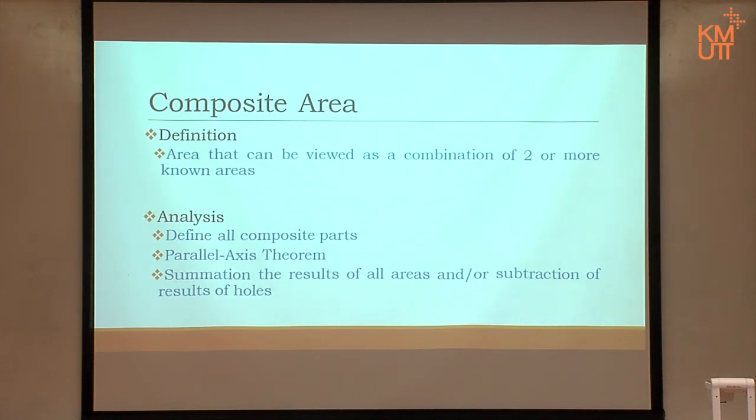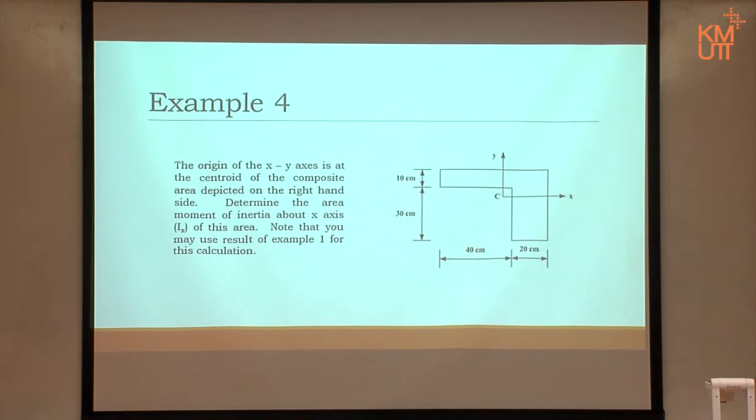Again, these notes are on the website already. Hopefully you have seen it already. Let's say we have this composite area. Apparently we have to find the area moment of inertia about the x axis and y axis. This xy axis sits on the centroid of the total area, not this area, not that area, the total area.